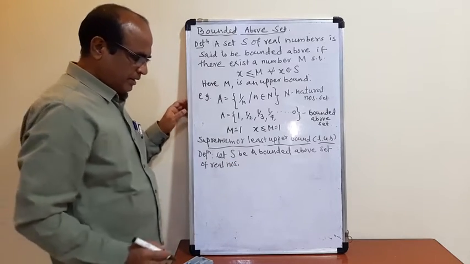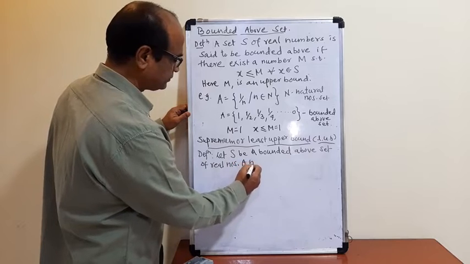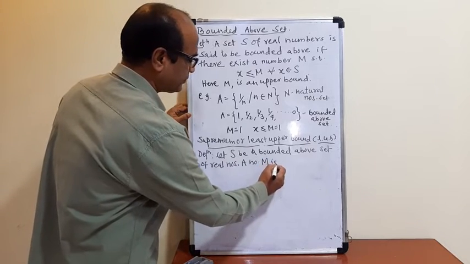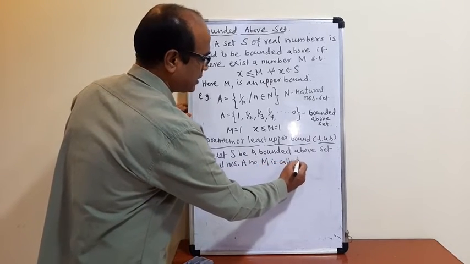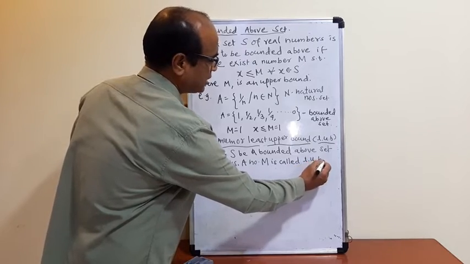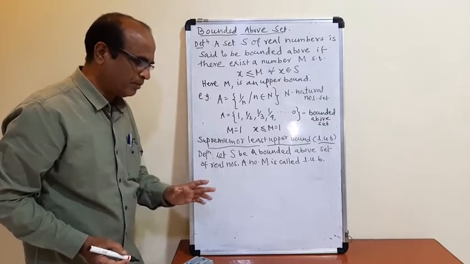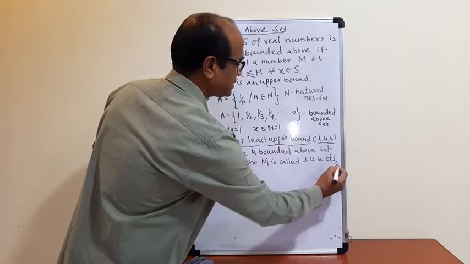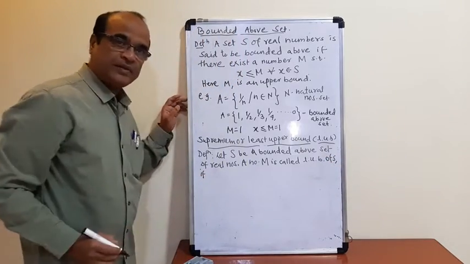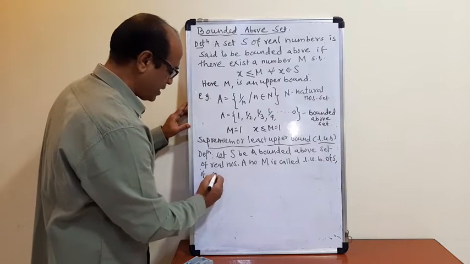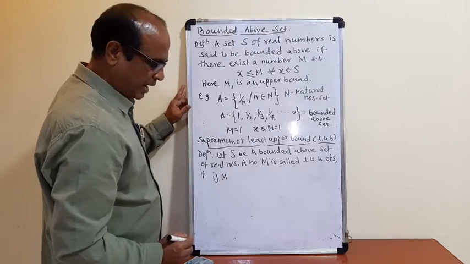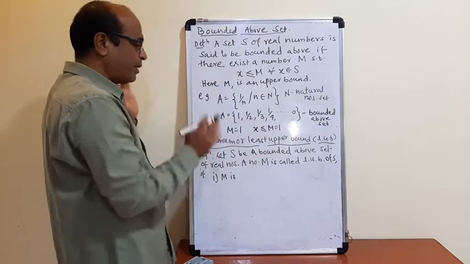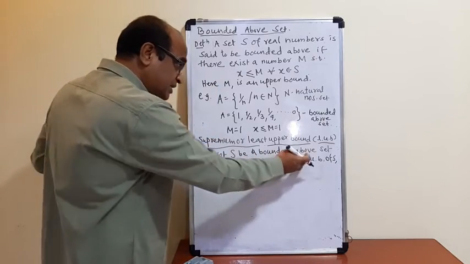A number capital M is called a least upper bound or supremum of the set S if, one, M is an upper bound of S. So M is said to be the least upper bound when M is an upper bound.